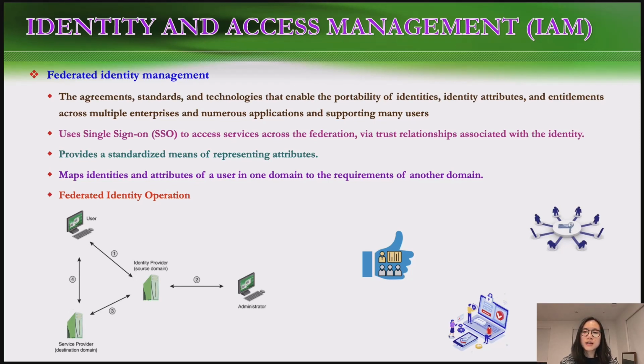A service provider in the remote domain that the user wishes to access obtains identity information, authentication information, and associated attributes from the identity provider in the same source domain. The service provider opens a session with the remote user and enforces access control restrictions based on the user's identity and attributes.